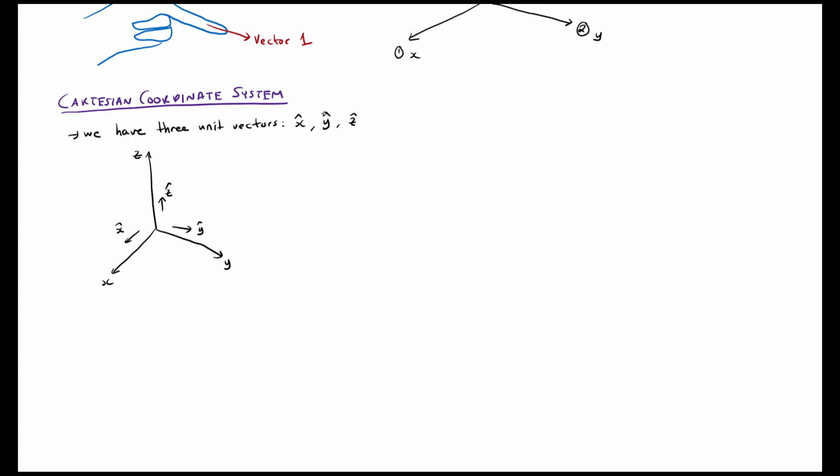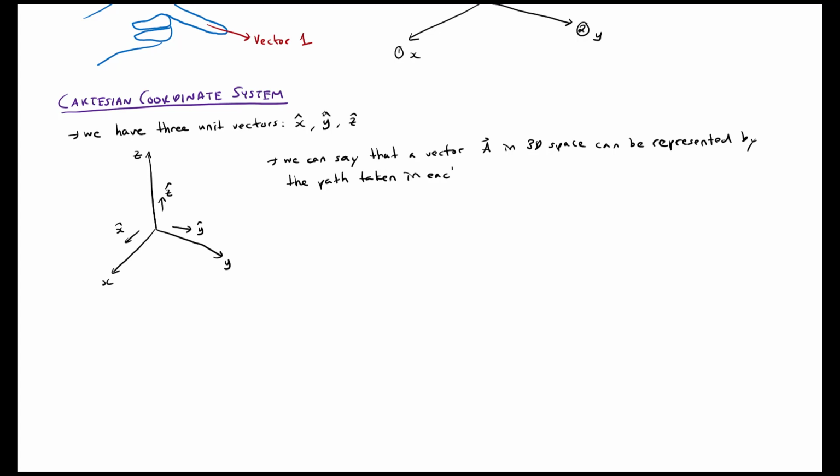So, we can say that a vector A in 3D space can be represented by the path taken in each direction.